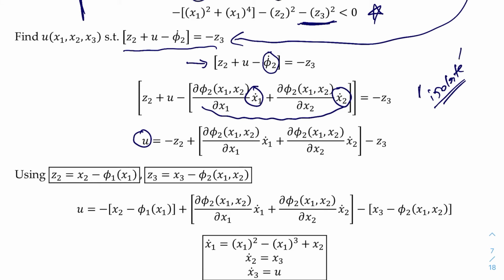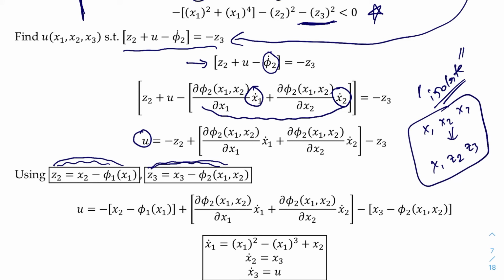I use that word consciously. Again, by using our original equalities, because this equality is what we use to get from x1, x2, x3 to x1, z2, z3.